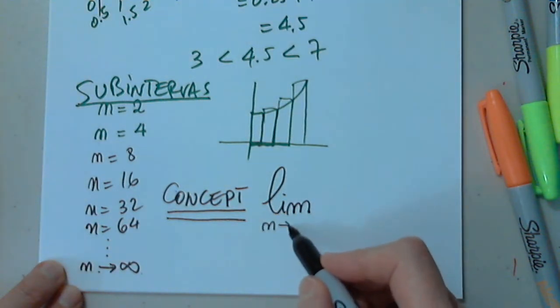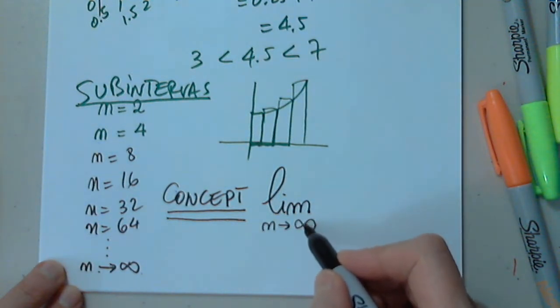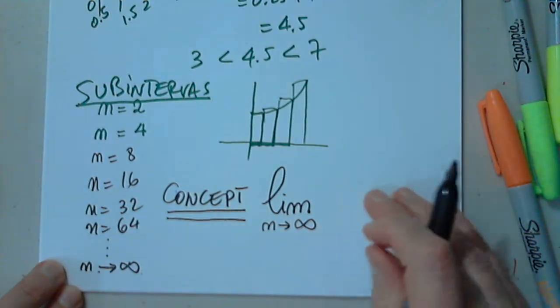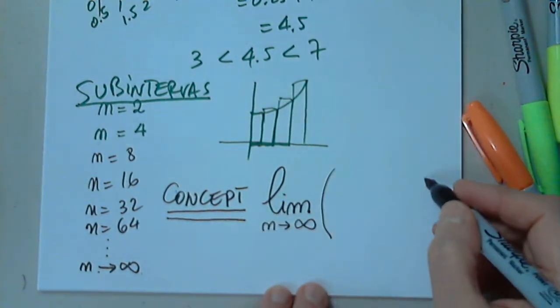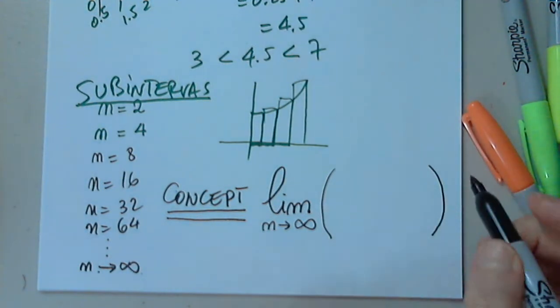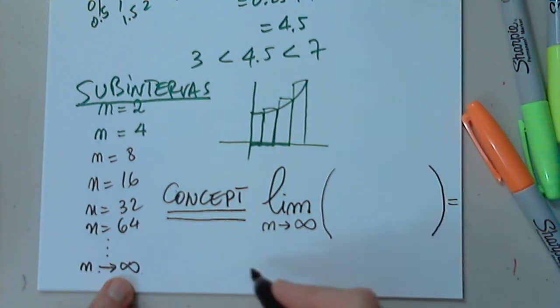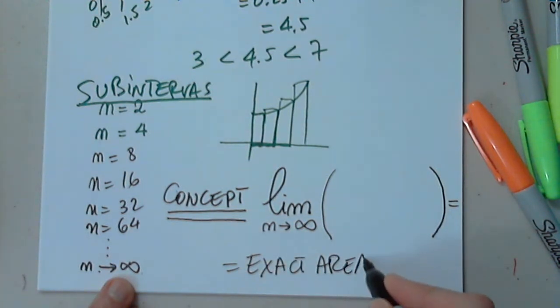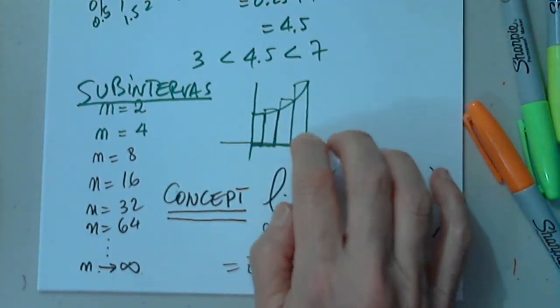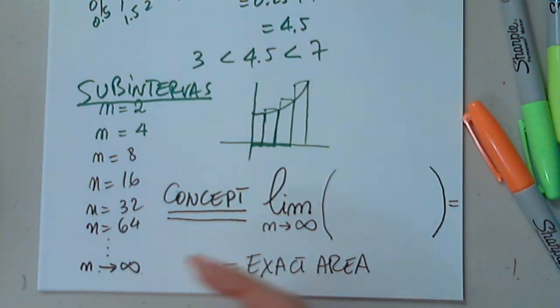When the number of subintervals increases to infinity, of what? What is this? Of what? So, and this will equal the exact area. So if I manage to fill in everything with infinitely many, oh, how is that possible?